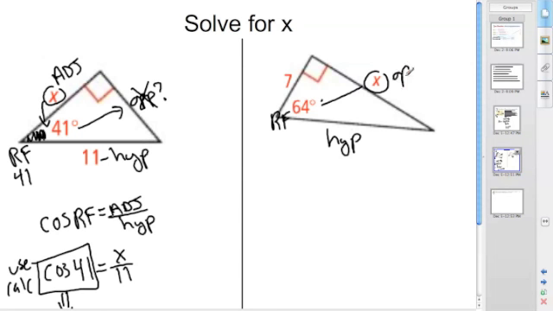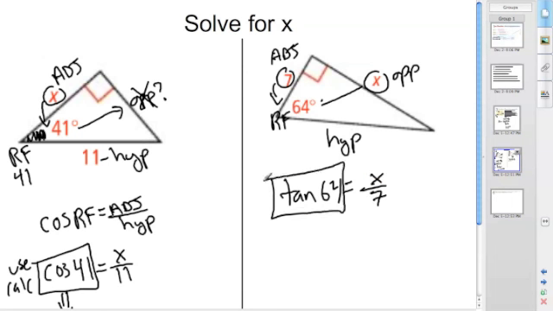Next, how does the x relate to 64? It is opposite. How does 7 relate to 64? It's adjacent. So opposite over adjacent, you have to memorize that is the tan ratio. So this is going to be the tan of 64 equals x over 7. Again, use your calculator. So what's the tan of 64?